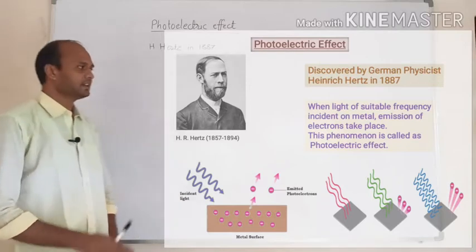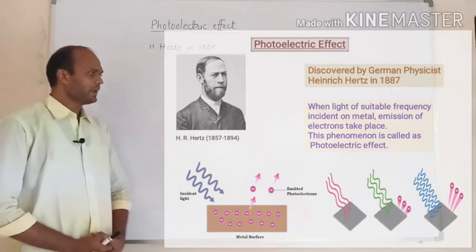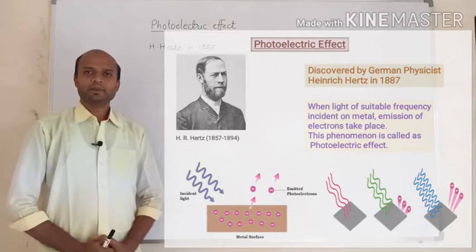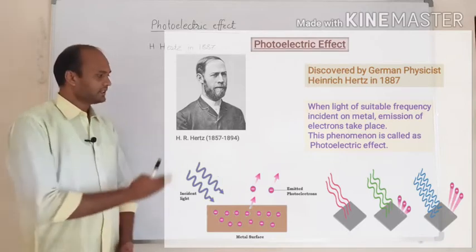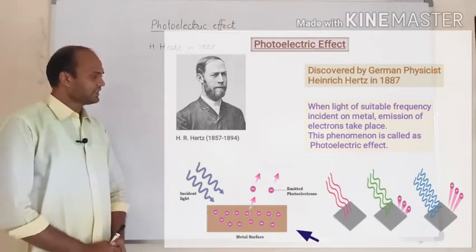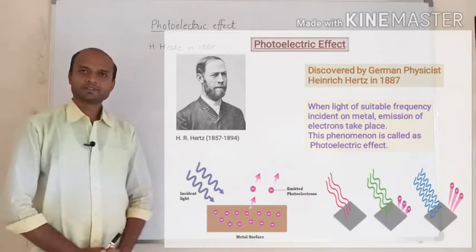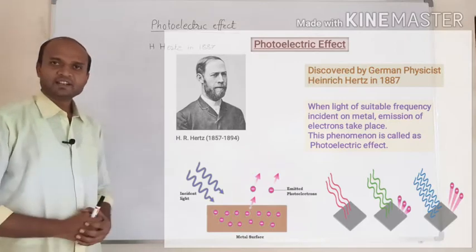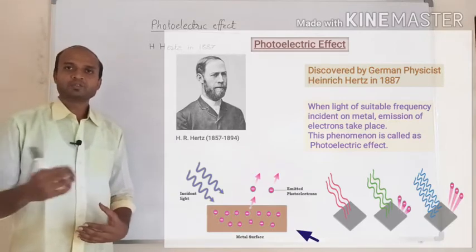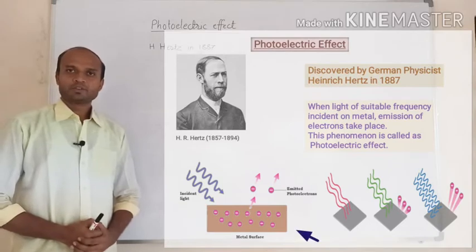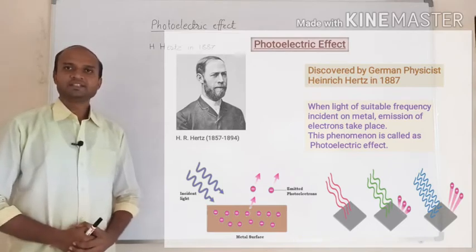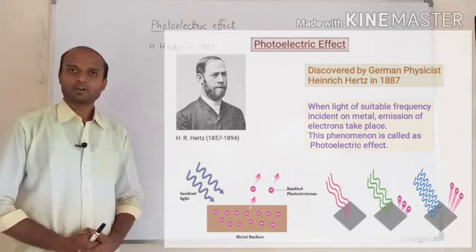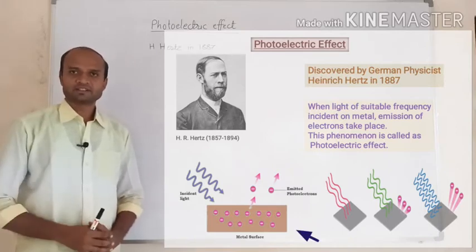You can see in this diagram, light of suitable frequency is incident on a metal surface, which contains a number of free electrons. Electrons are free means they can move freely inside the metal, but they cannot come outside the metal, because to come outside, these electrons require a certain amount of energy, which is called the work function, and that we will discuss later on.